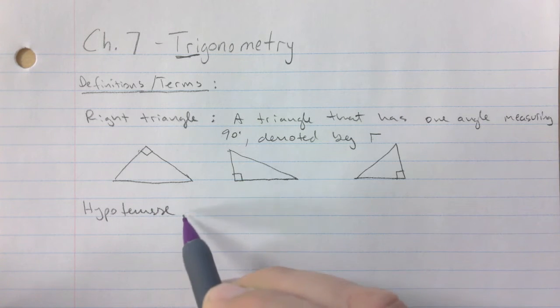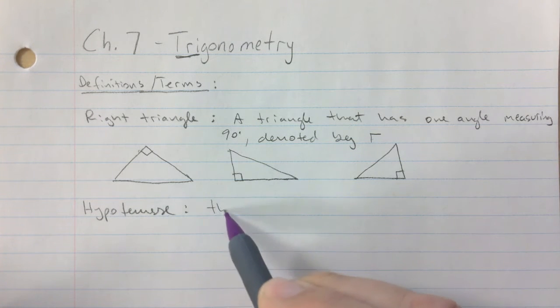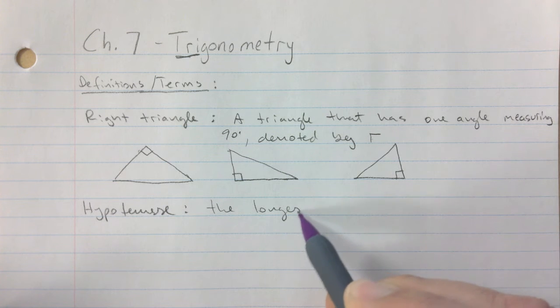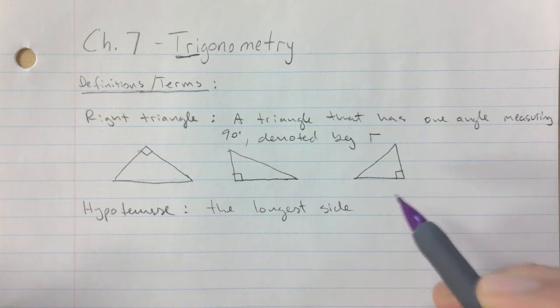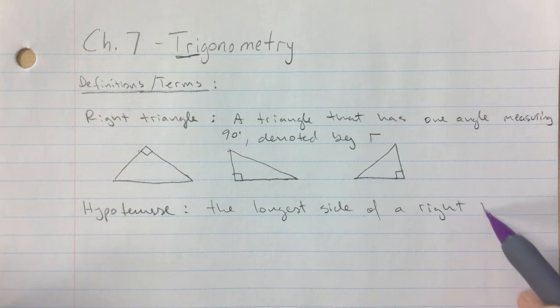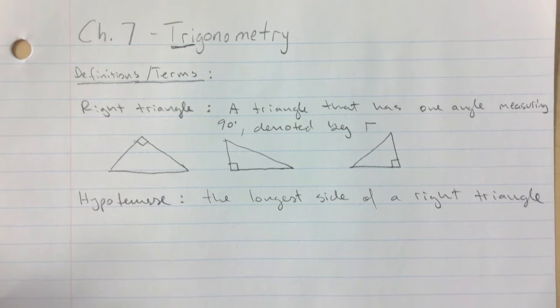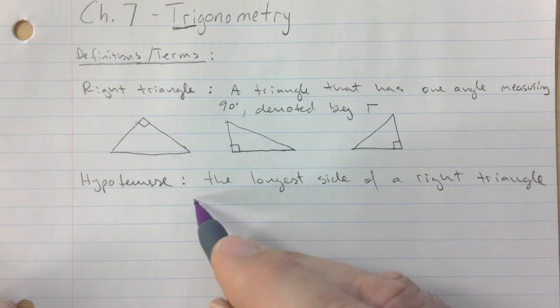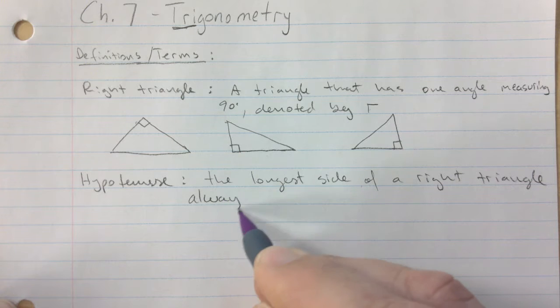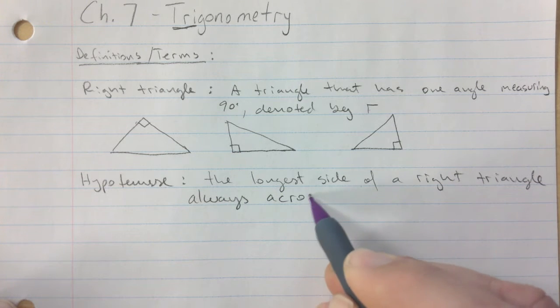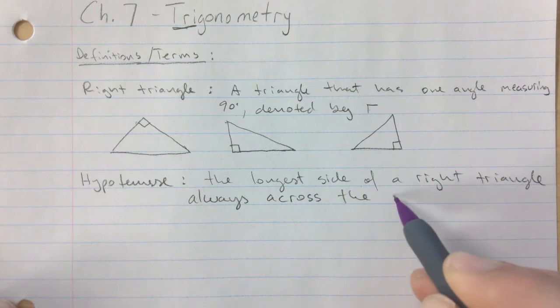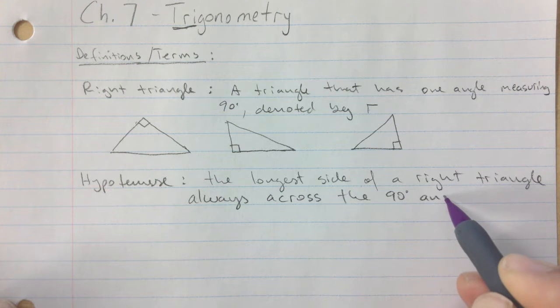Hypotenuse: the longest side of a right triangle, always across the 90-degree angle.